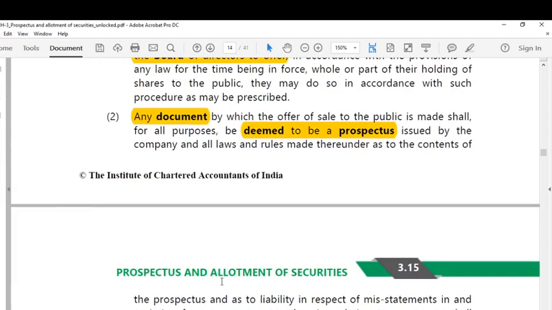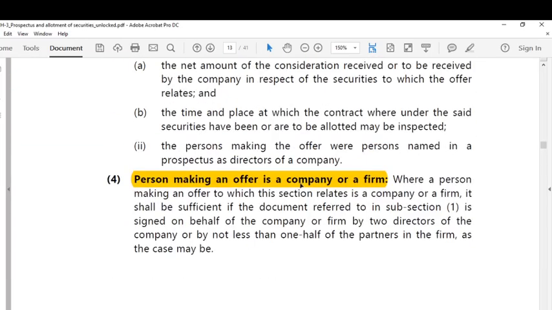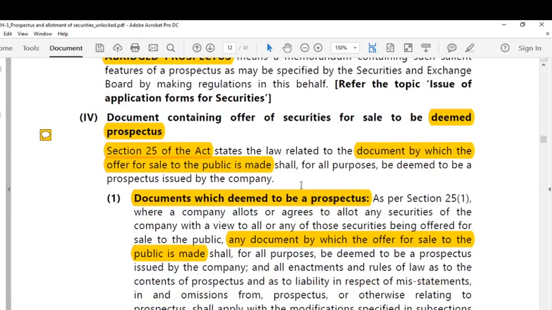And these are the five broad provisions that deal with a deemed prospectus. Dear students, the point you need to understand in a nutshell is that a deemed prospectus is any document which is being issued by a company for offer of securities to the general public.